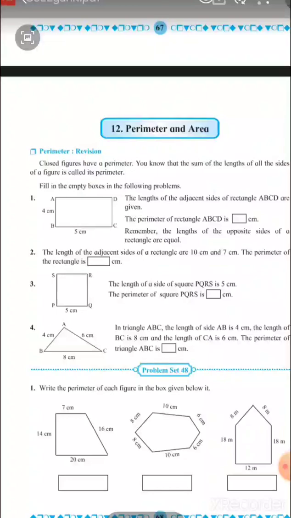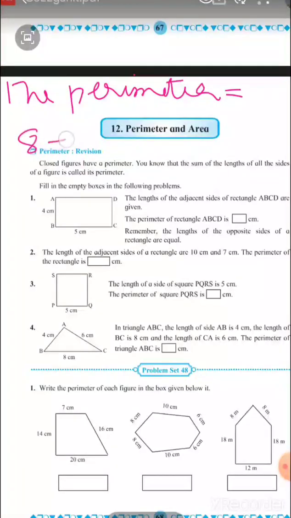Third one, the perimeter is equal to, write all the sides' measurements, 8 plus 8 plus 18 plus 18 plus 12 is equal to 8 plus 8, 16, 16 plus 18, 34, 34 plus 18, 52, 52 plus 12, 64.